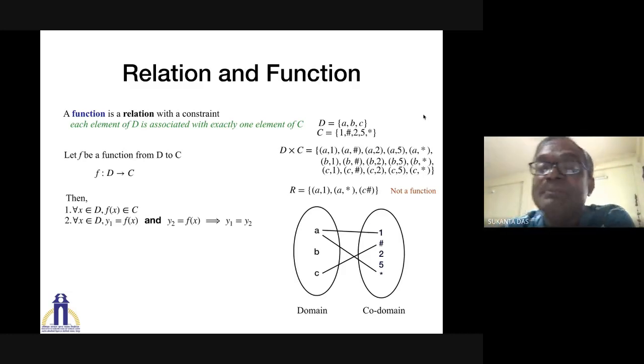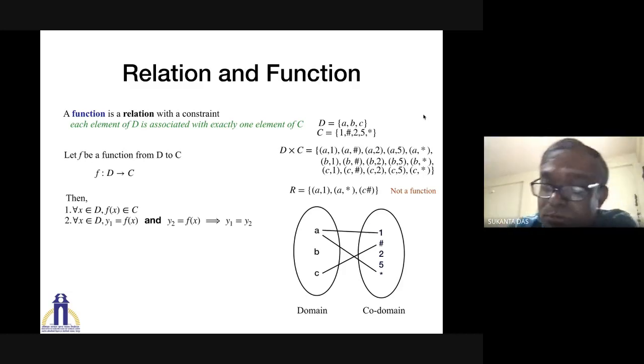That is also violated, because A is associated with 1 as well as with star. So both the conditions are violated. So this is not a function, but a relation.